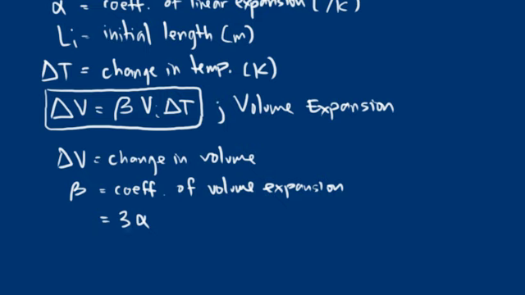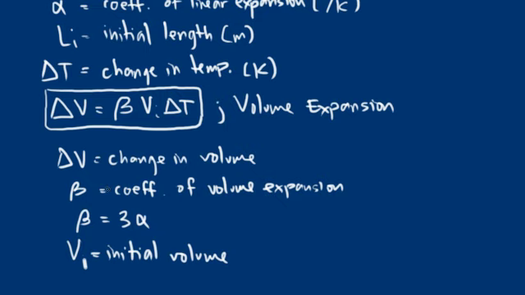So remember that beta is equal to 3 times alpha. V sub I obviously stands for the initial volume, and delta T is still the change in temperature. The only thing to remember here is that for volume expansion, beta is approximately 3 alpha.